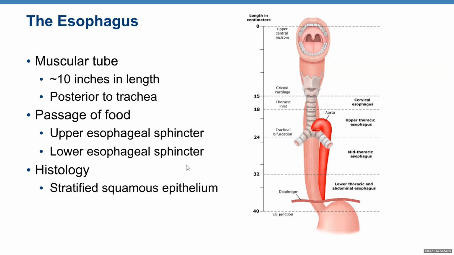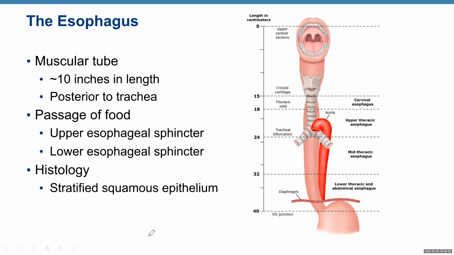Then we move to the esophagus. It's a muscular tube, posterior to the trachea, the passage of food, and it has an upper esophageal sphincter and a lower esophageal sphincter. The esophagus is lined by stratified squamous epithelium.